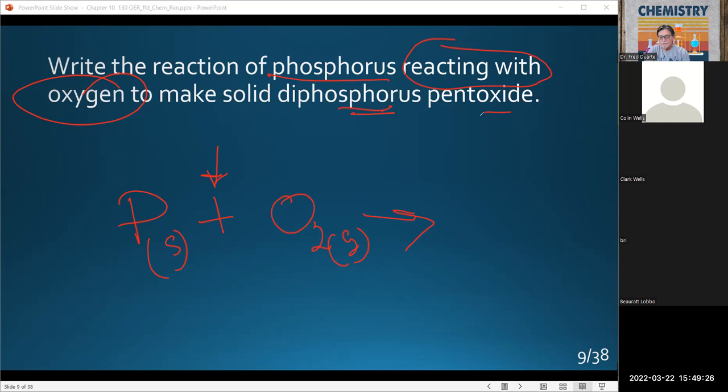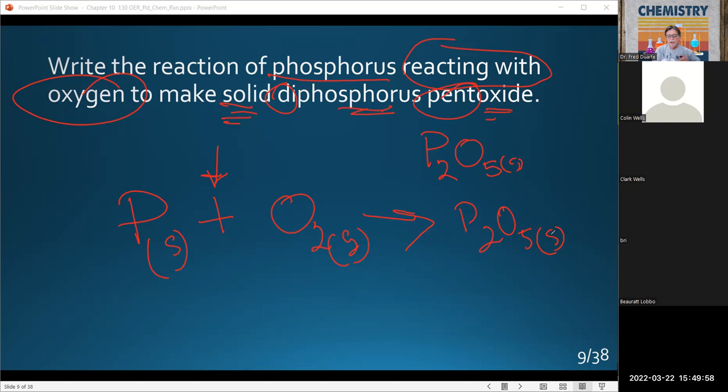We have phosphorus and oxide, so it's P and O. That is our base formula. Then we look at the prefixes. We've got di, meaning 2 phosphorus, and penta, meaning 5 oxides. And it's solid, so that's our formula, P2O5 solid.